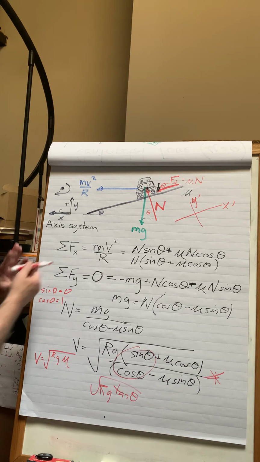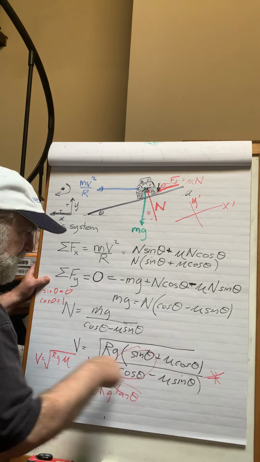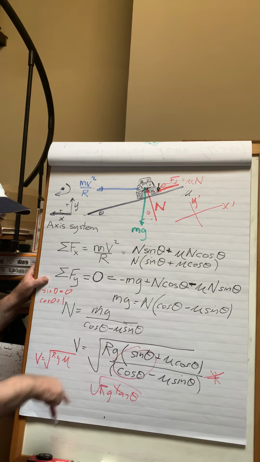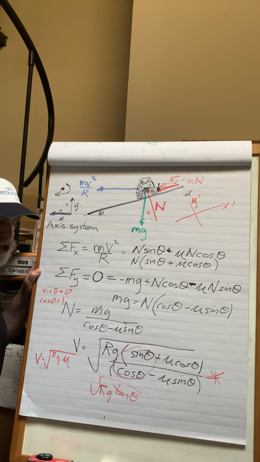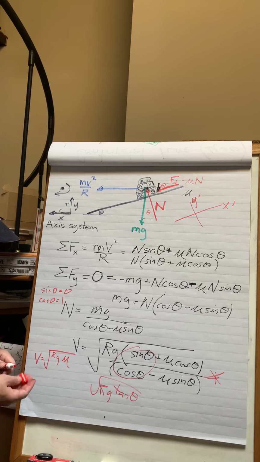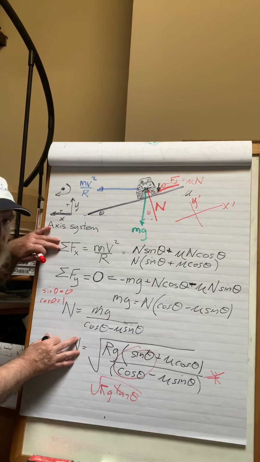So when we have a banked curve with friction, this equation is the one that allows us to have both mu and theta present, so friction and a bank angle. And it's worth memorizing in case it comes up on the test, because you do not want to derive this.